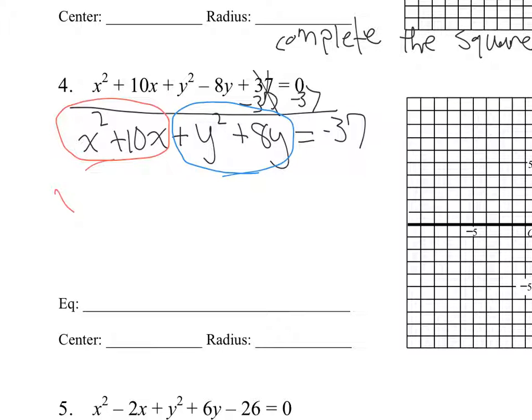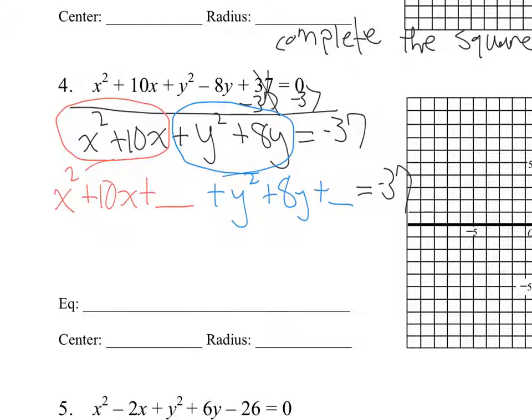So this is x² + 10x + some number, plus y² + 8y + some number, equals -37. What number do we add for the x? Here's your b, divided by 2 and squared, that's going to be plus 25. For the y's, your b is 8, divided by 2 is 4, squared gives you 16.